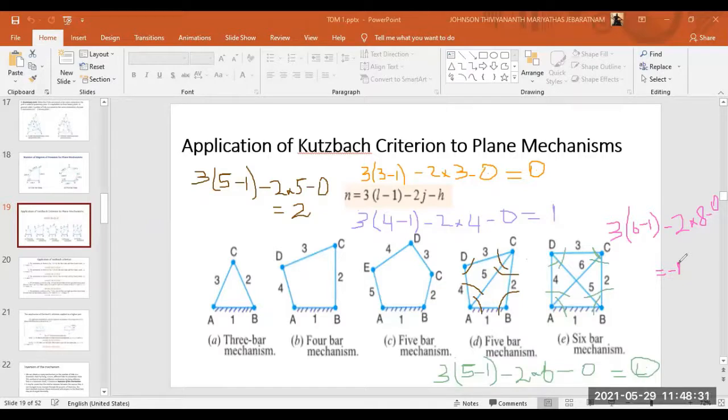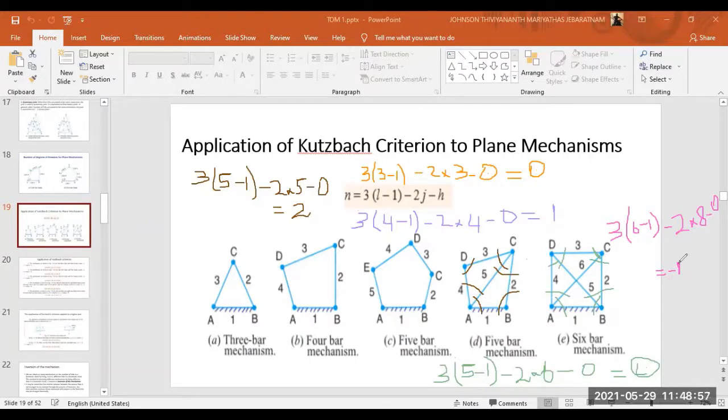Either it can move or it cannot move. There is no minus movement. So what we have to assume is, if 0 is no movement, then the numbers below 0 also mean no movement.